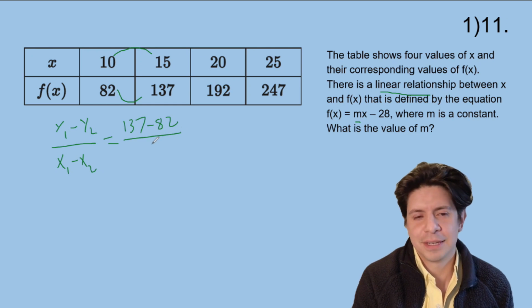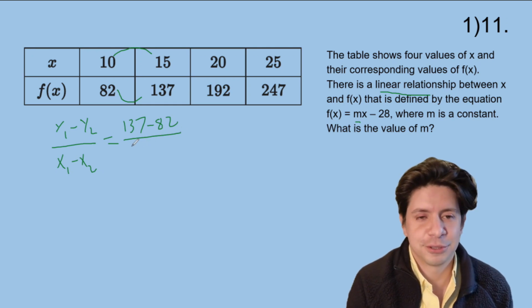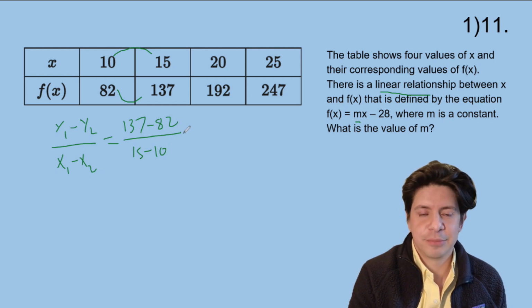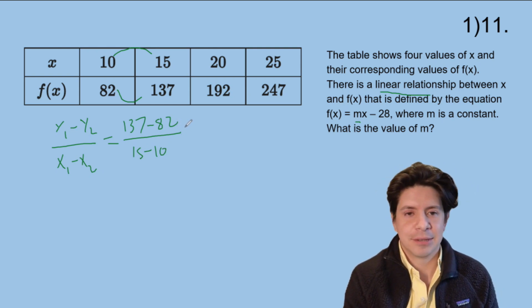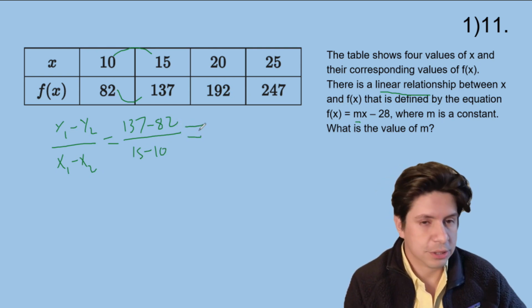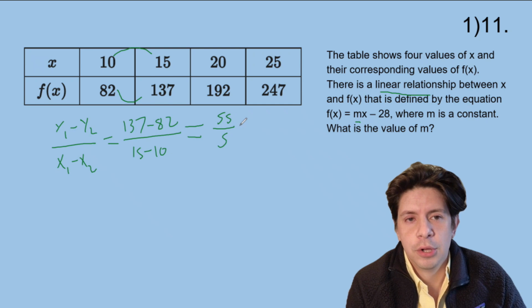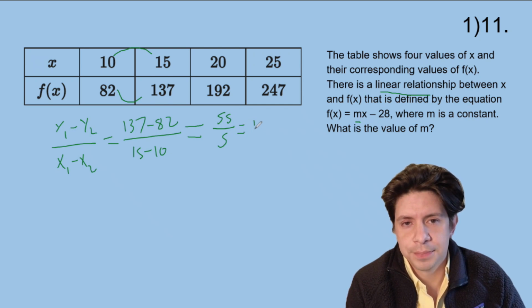And you could do any 2 points. I usually just do the first 2 points because they're the first 2 I see. 15 minus 10. Normally you want to check if it's going to be the same as you go along, but because it tells us it's a linear relationship, we can just do it once and get it. So that's going to become 55 over 5, which equals 11.